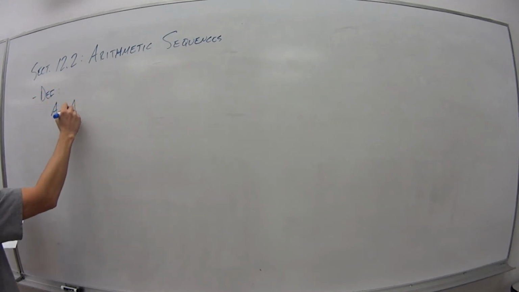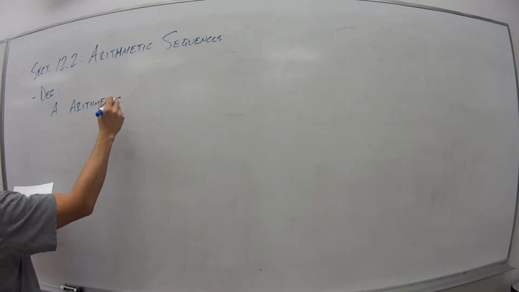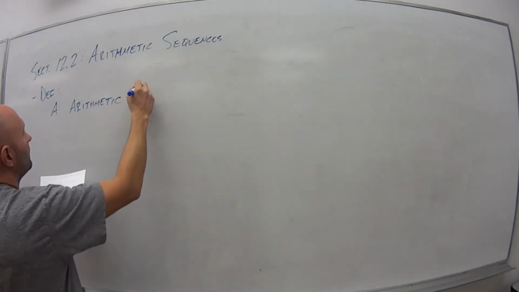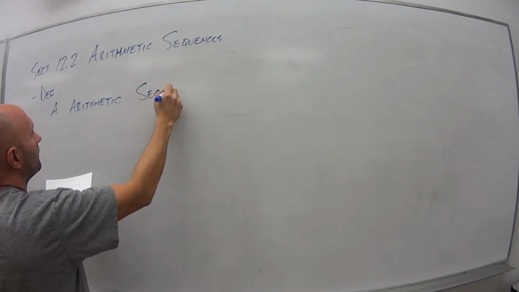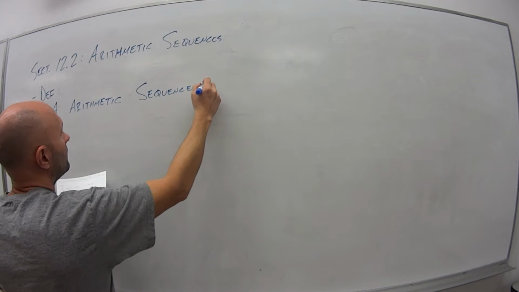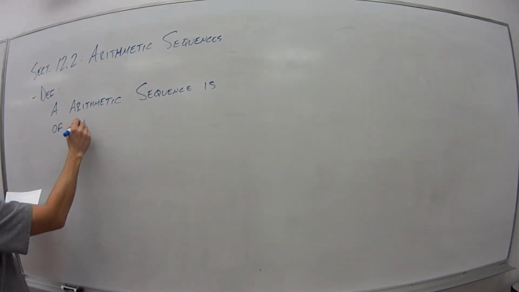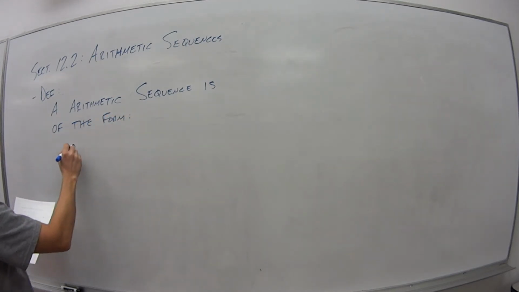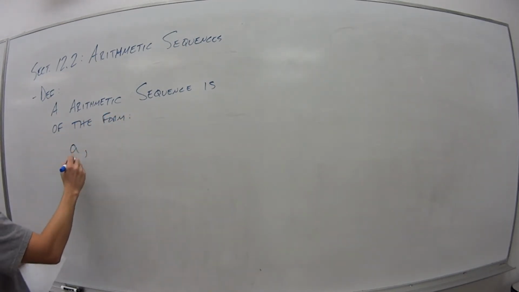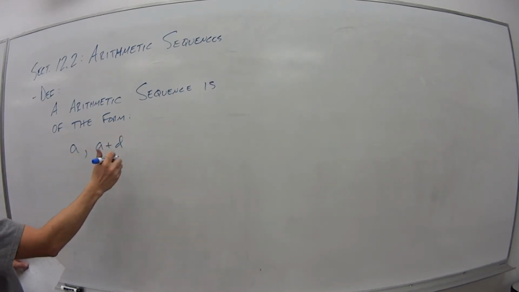An arithmetic sequence is of the form: we have our first term a, and then we add some value, the difference, to it.